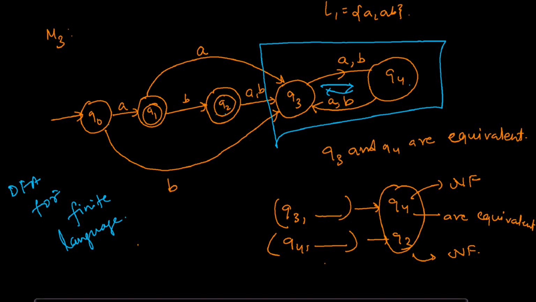Because if you are at any state and there is a path from that state to the final state, you have to write it down.